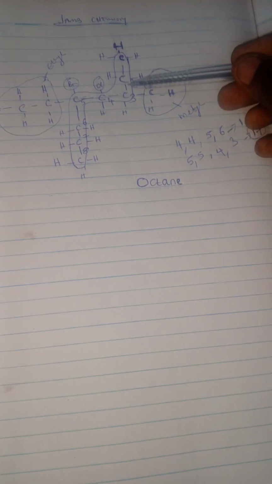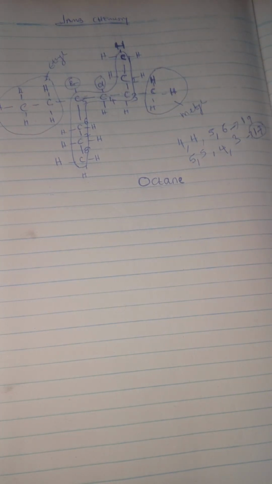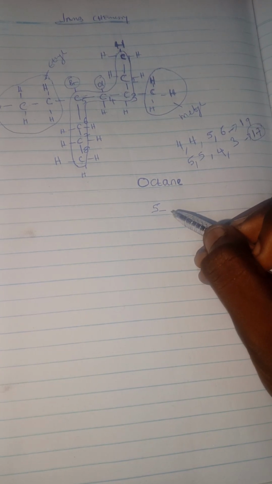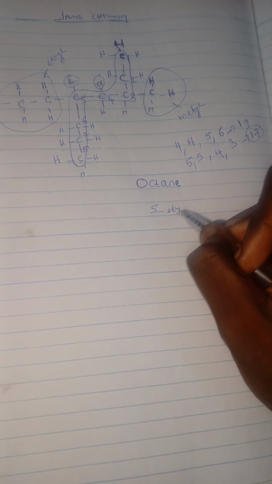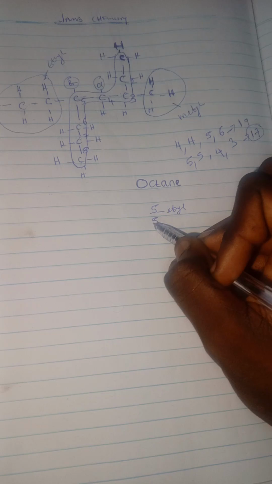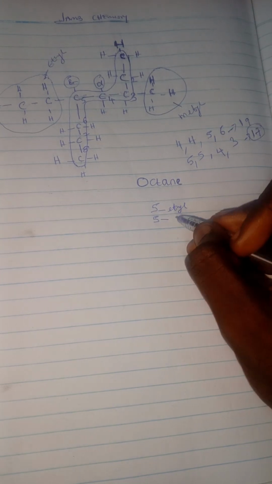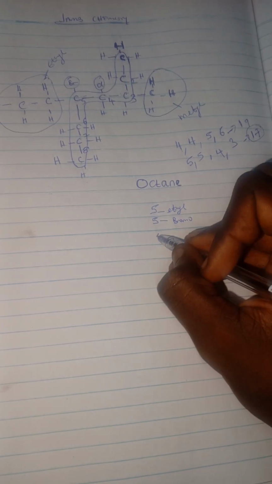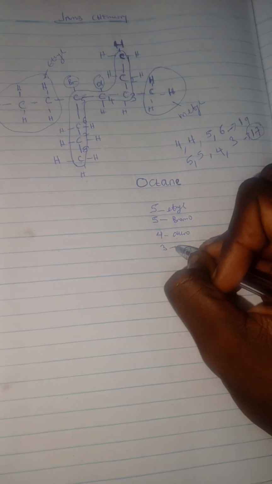Now, which means we have 5 ethyl, this is ethyl, 5 ethyl, also 5, this carbon, also 5 bromine, that's 5 bromo, then we have 4 chloro, and we have 3 what? 3 methyl.